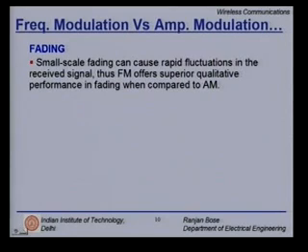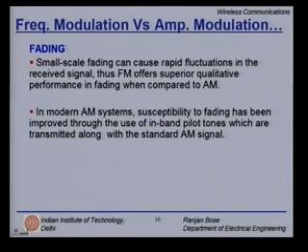So, since amplitude can get adversely affected in fading channels, AM suffers. On the other hand, FM offers superior qualitative performance in fading as compared to AM. So, we are not talking about noise, we are talking about fading environments.